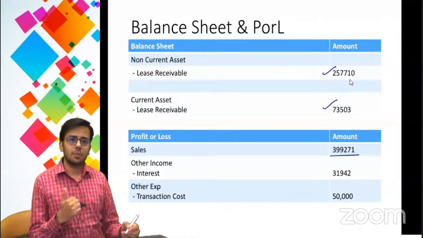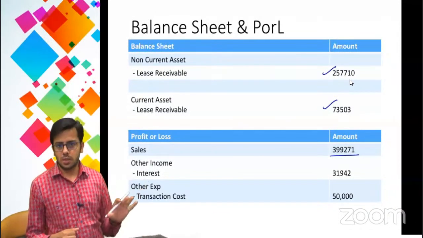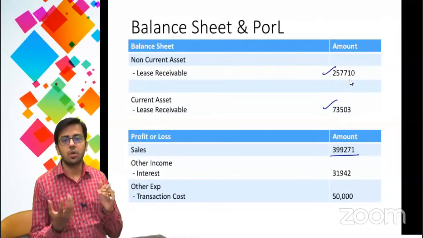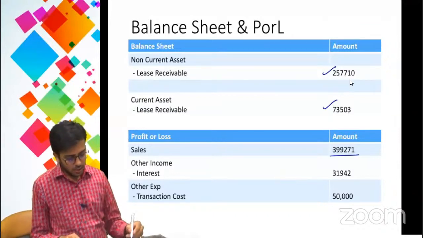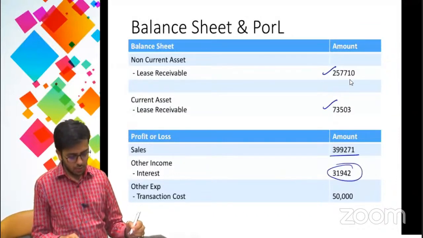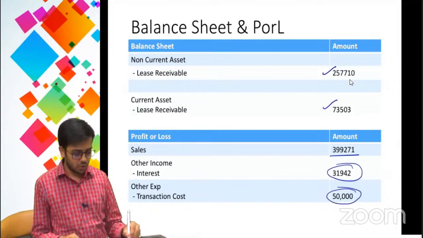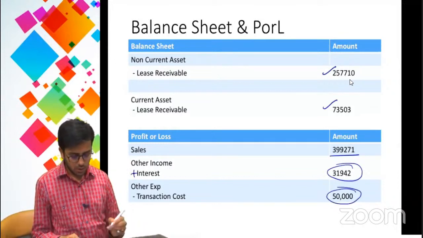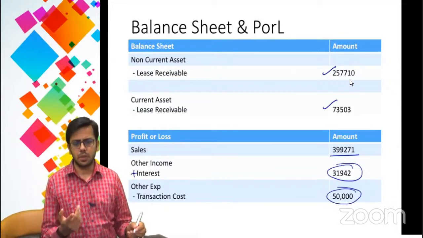Unlike the previous case, where the lessor was not a manufacturer or dealer and we did not show any sales, interest income is shown as 31,942 and transaction cost appears as expense. So interest appears as other income in his books.